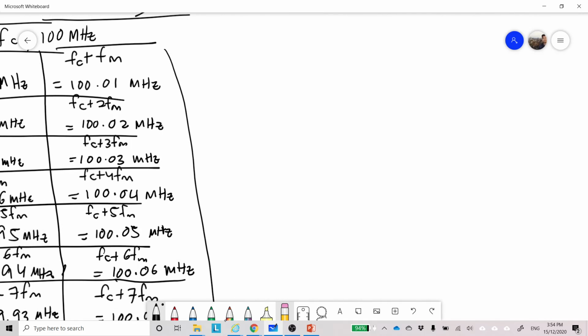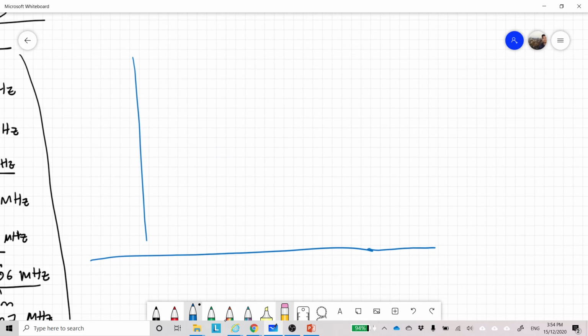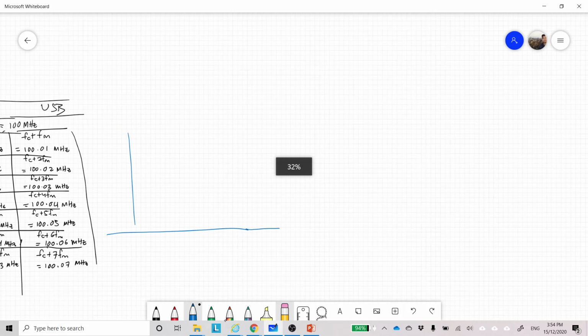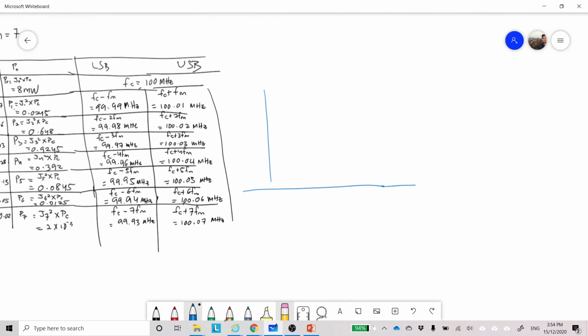So bila you lukis dia punya power spectrum, saya kecilkan. Okay. So we have this is power P in term of watt, okay, and also the frequency in term of megahertz.